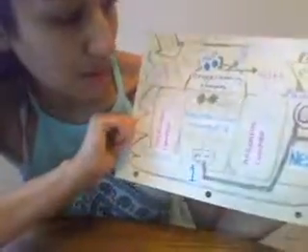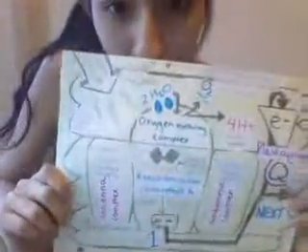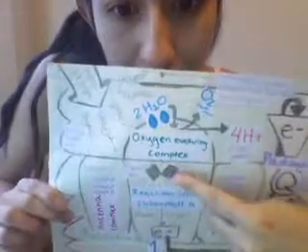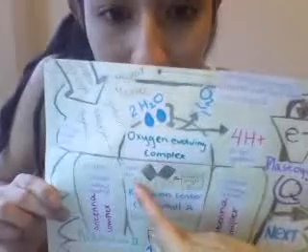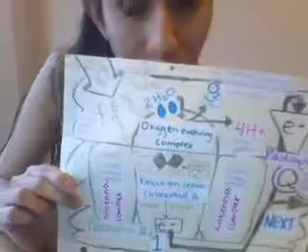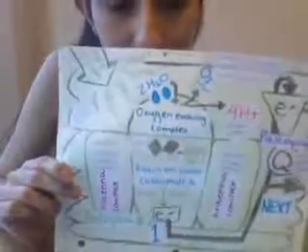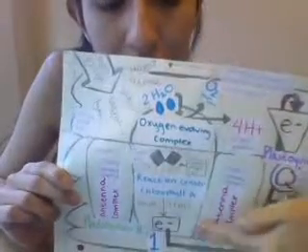Here's my antenna complex on both sides, and on both sides we're going to find chlorophyll A and B. In the middle is my reaction center, which is purely chlorophyll A. These little blocks here are chlorophyll A, also known as the special pair. These special pairs are not going to donate electrons, but they are going to cause energy to occur, and that's going to cause an electron to go down the electron transport chain.